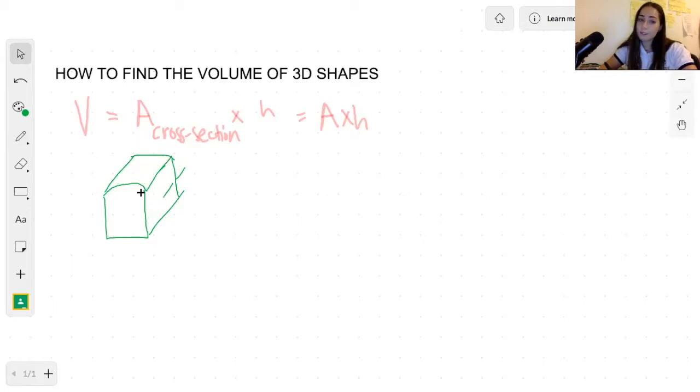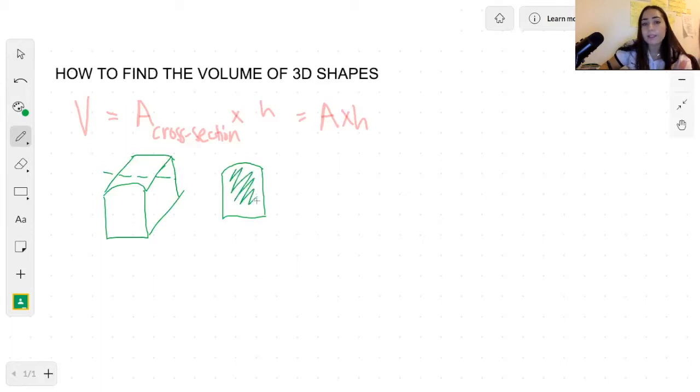So going back to the first example, cutting the loaf of bread along this dotted line, so cutting it like you normally would, the shape that you would obtain is your toast, your piece of toast, which looks something like this, right? So if we're using this as our cross section, then to find the volume of this shape, we just need to take the area of this and then multiply it by the height.